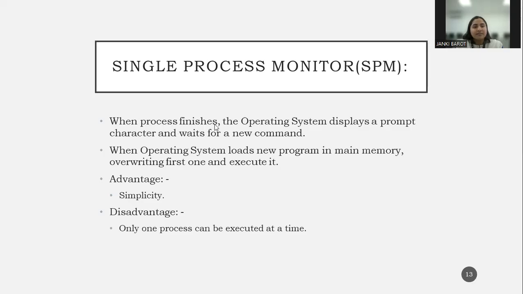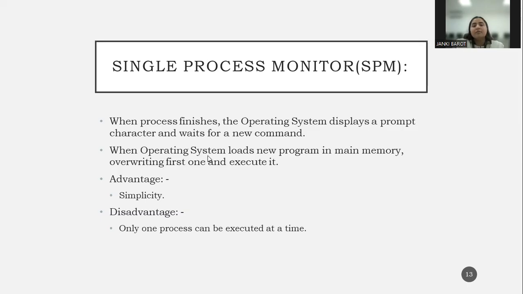When the process finishes, the operating system displays a prompt character and waits for a new command. Why? Because only one process will run at a time. When the operating system loads a new program in main memory, overwriting the first one, and executes it, right?